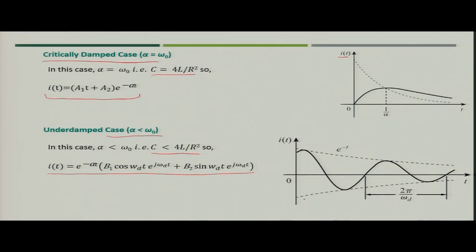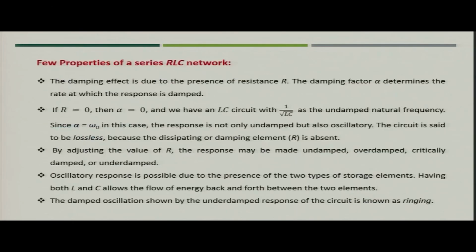When we plot the current i with respect to time, it is exponentially decaying as well as oscillatory, because of the sinusoidal components, with time period 2 pi by omega d, and it decays because of the exponential component. So, this is what we discussed in the last class.